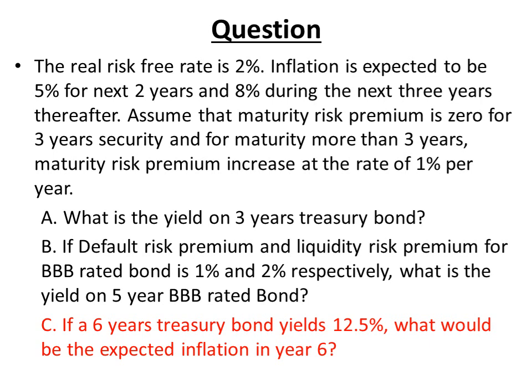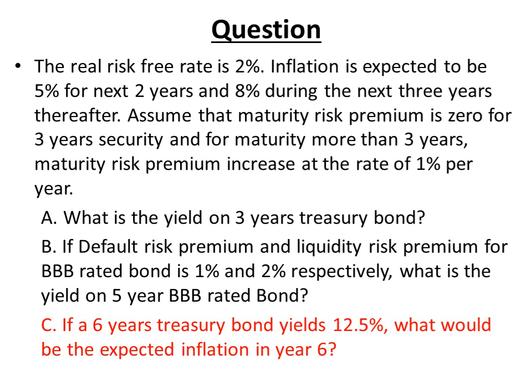Then MRP 4 equals 1%, MRP 5 equals 2%, MRP 6 equals 3%. The MRP increases as the year increases after 3 years.